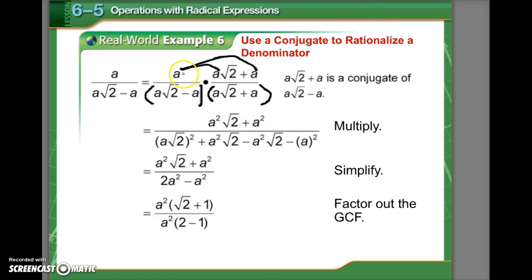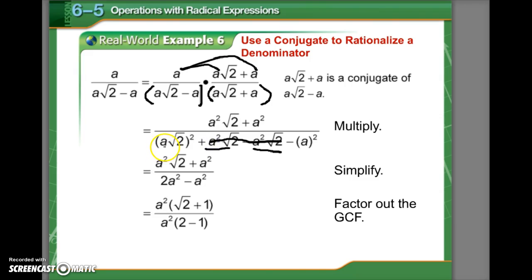When we distribute out the top, we get A squared times root 2 plus A squared. And on the bottom, when we FOIL, we get A root 2 squared plus A squared root 2, that's the O. A squared minus A squared root 2, that's the I. And then minus A squared, that's the L. You'll notice that this term and this term are identical to each other, and here this one's positive and this one's negative, so these cancel each other out.